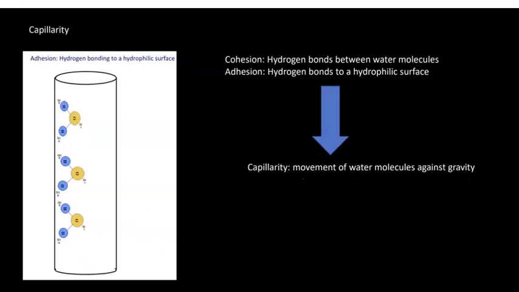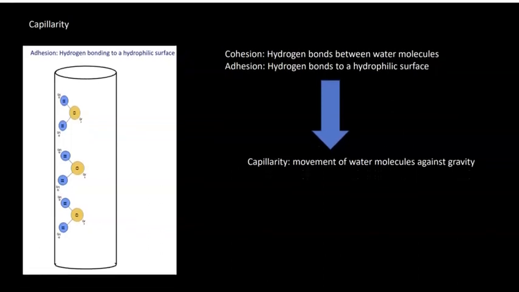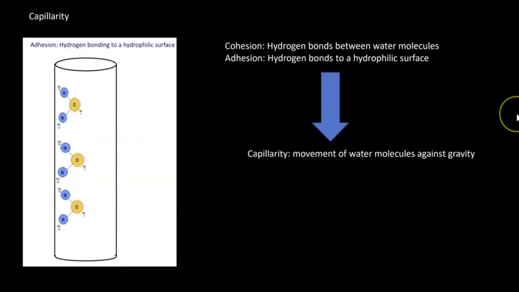Now this becomes developed in the concept of capillarity, in which water may be moving in a tube, such as the xylem. So we have our water-to-water connection in cohesion, so that's attraction between the water molecules, hydrogen bonded together. But then we also have adhesion, but this adhesion is between the water molecules being attracted to a hydrophilic surface.